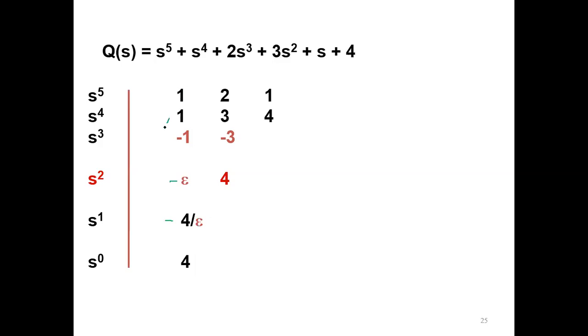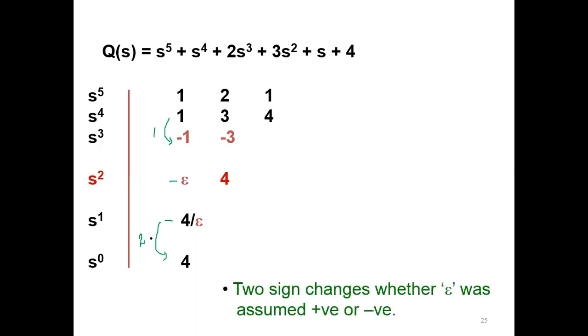So positive to negative, one sign change, no sign change, again no sign change, and then the second sign change will be from here. So in this example we will again have two sign changes. So whether we assume epsilon positive or negative, we have two poles in the right half plane, the remaining poles will be in the left half plane.